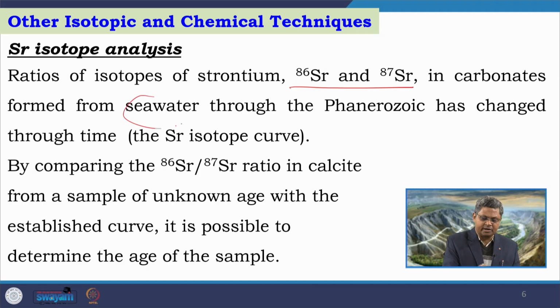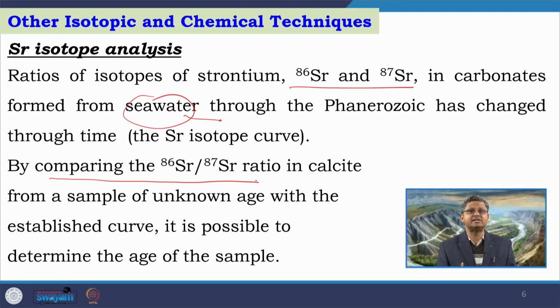So, from the seawater, that strontium ratio gets trapped within the carbonate, and that particular ratio can be related to the age, because we have the curve for strontium ratio variation across the entire Phanerozoic for seawater. So, what we can do is compare this 86Sr by 87Sr ratio of our sample with the given curve, and from there we can straightway relate the age.